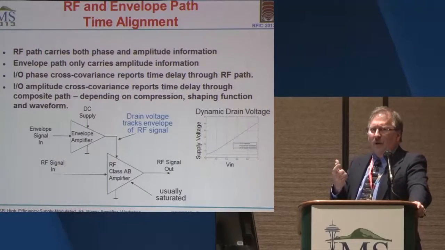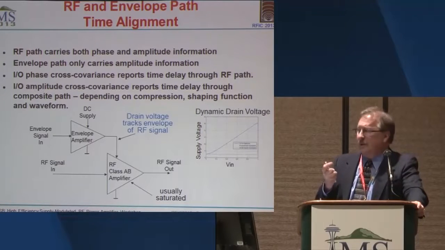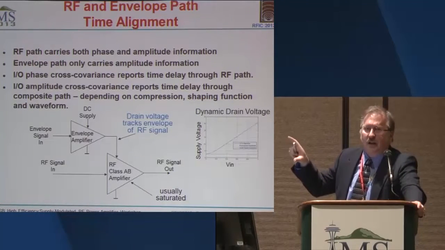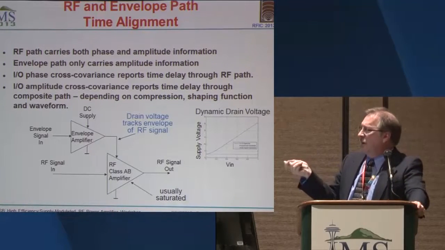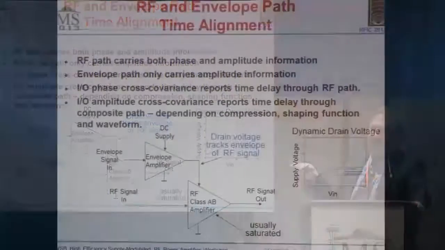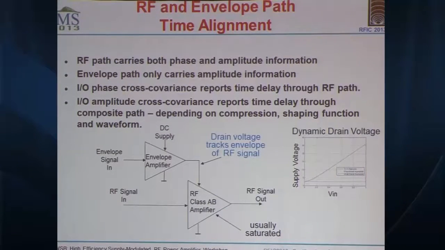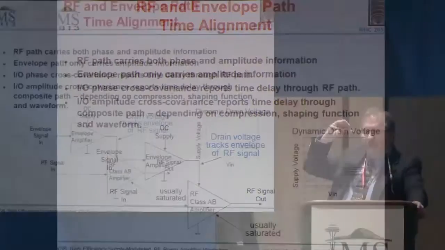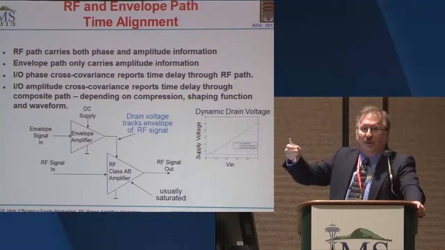Now, why would I want to look at this number two different ways? Well, if we look at the functionality of the envelope amplifier, we know that the RF path is the only path that the phase is going through. The envelope signal only has a magnitude component to it.